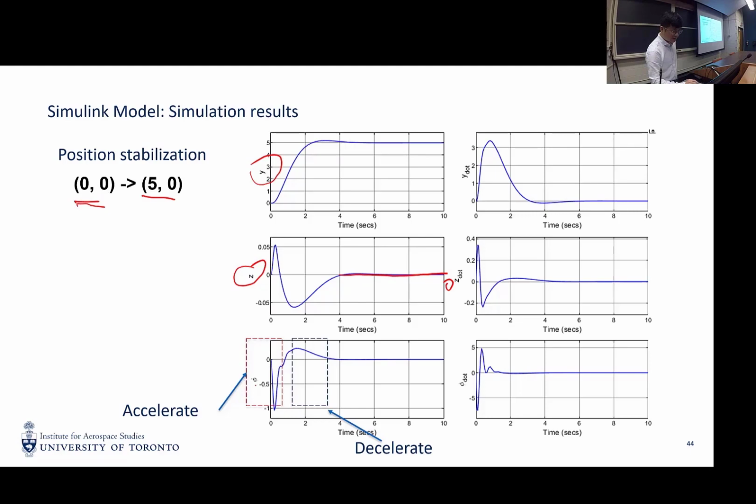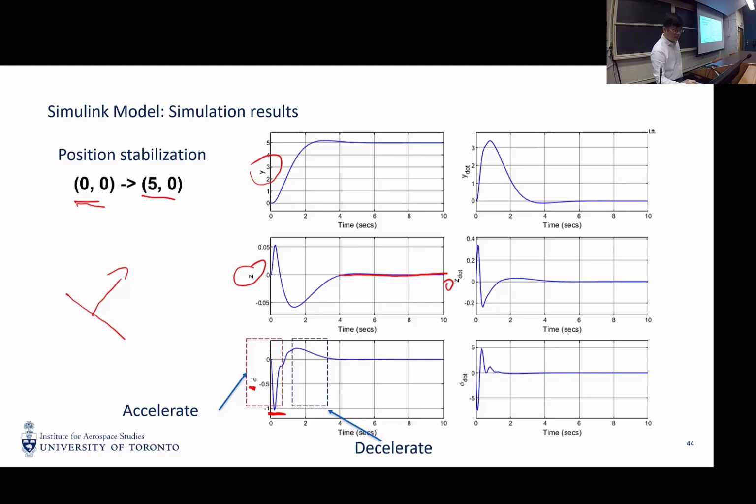As you can see, the phi here first has a negative value because we need to move in the positive y direction, so it tilts in the right direction.